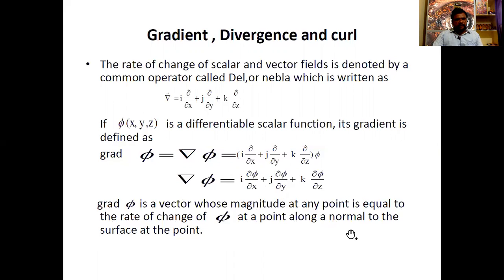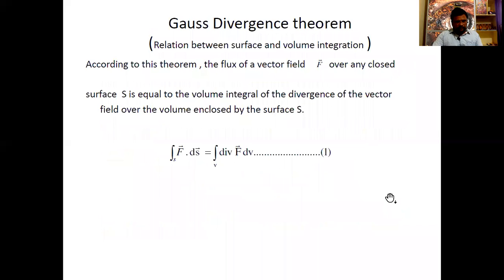We have to remember one thing: suppose this is a surface. If you take the gradient of phi of this particular surface function, that will always be normal to this surface. We have to remember that.